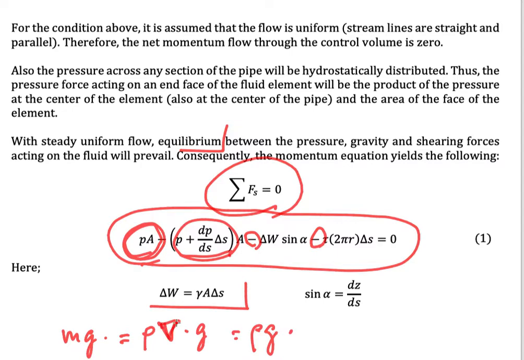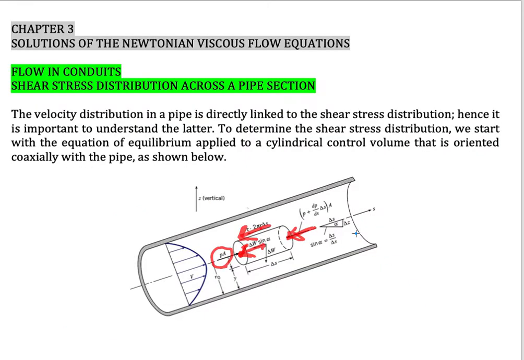The volume here means the cross-sectional area A times the length, and the length is delta S. The rho and g here can be simplified as gamma, because normally in fluid mechanics we use gamma as rho g. And the sine alpha can be written as dz ds. I think you could see the diagram here.